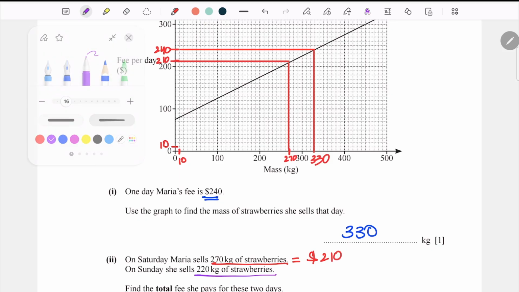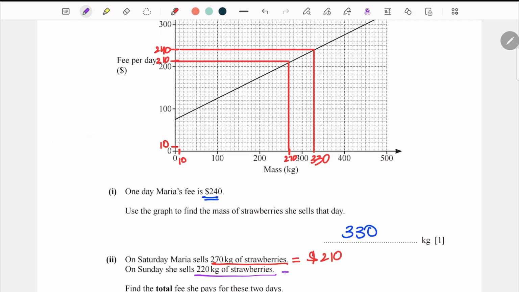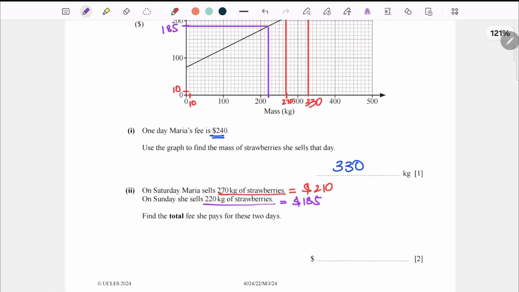Then for 220 kg of strawberries, 220 is somewhere over here. This will be 185. So $185 will be the price on Sunday.